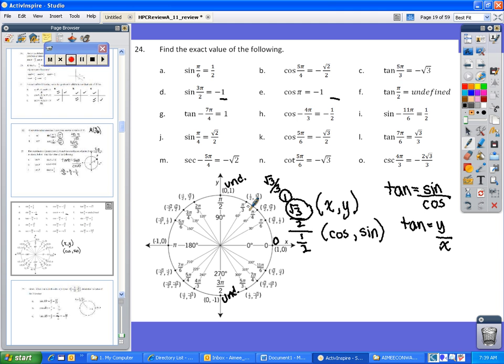So with all of that in mind, if I'm looking at 5 pi over 3, 5 pi over 3 is going to be in the fourth quadrant. In the fourth quadrant, tangent is negative. So I know my tan value is negative. I'm also looking at a reference angle of 60 degrees.